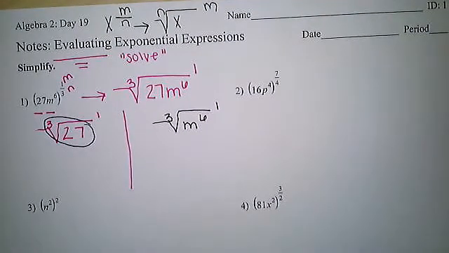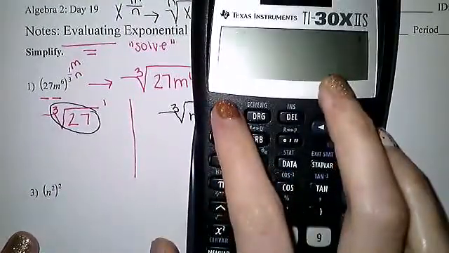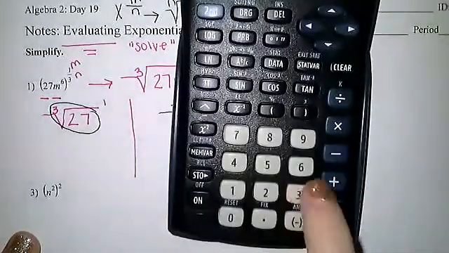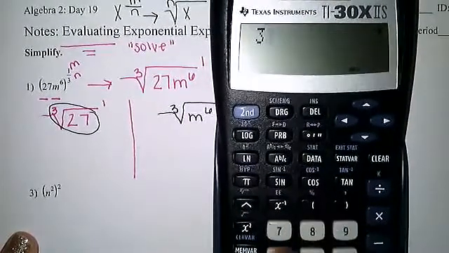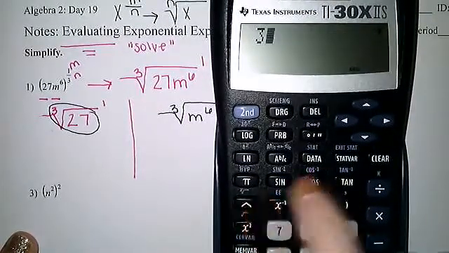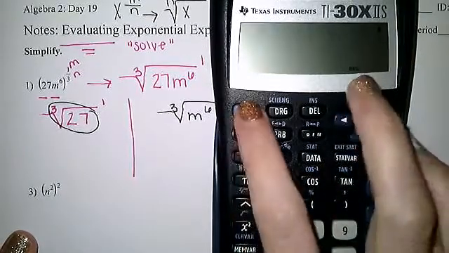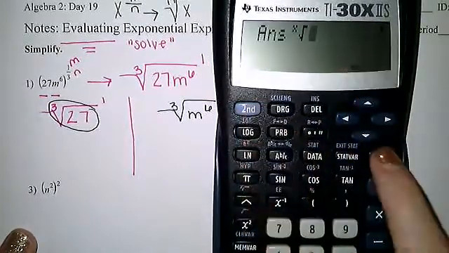There's actually a way you can do that in your calculator. So if you hit the second button, and then whatever root you're trying to find, hit that number. So hit the 3. Then hit your, I did that backwards actually. Sometimes I have to do it first.